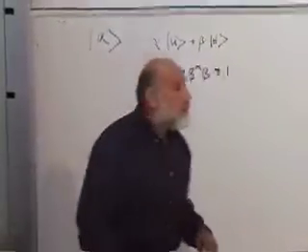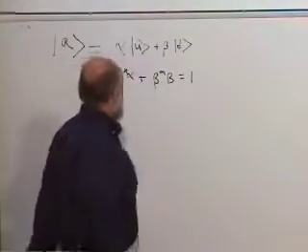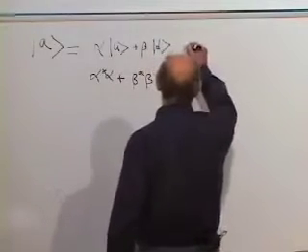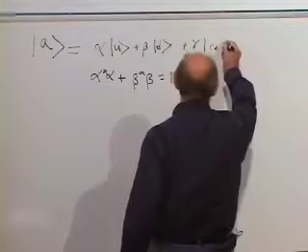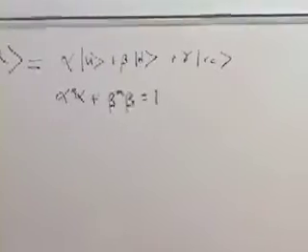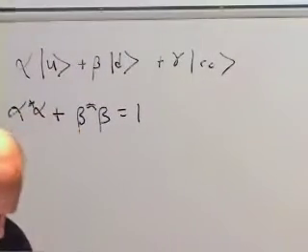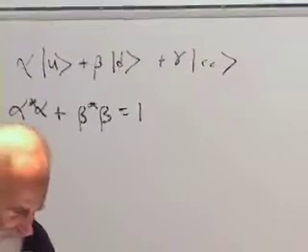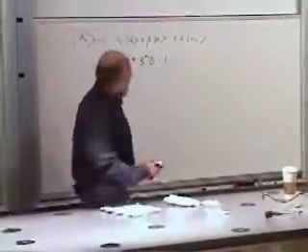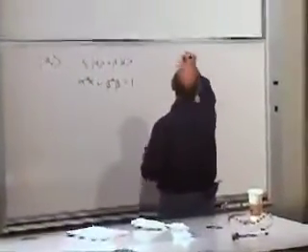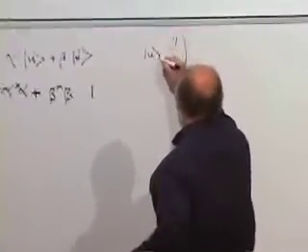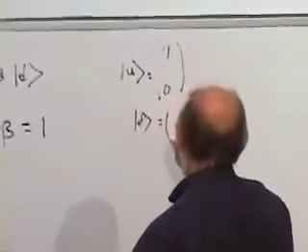And of course, if there's more than two possibilities, up, down, and sideways, or up, down, and chocolate chip, then we add another one, gamma, chocolate chip, and whatever. Those are orthonormal vectors. And we represented them in a particular basis, the basis of up and down. Up was just 1, 0, and down is equal to 0, 1.